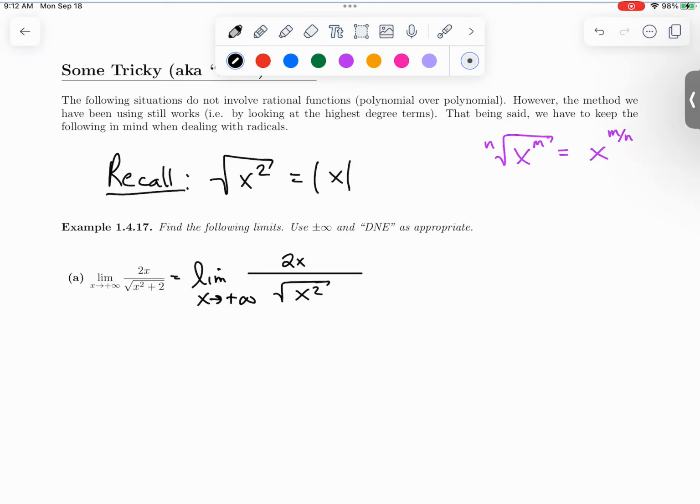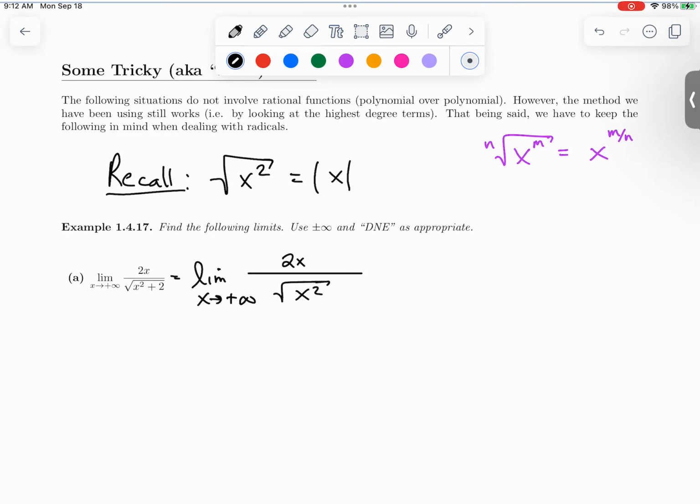We can just ignore the +2 because at infinity, these two things will be equal. And then what we know is that this is equal to the absolute value of x.